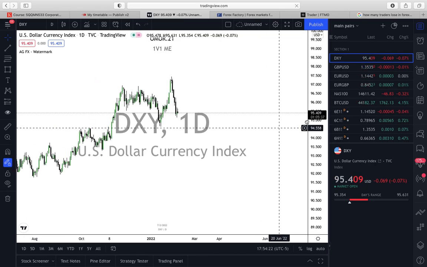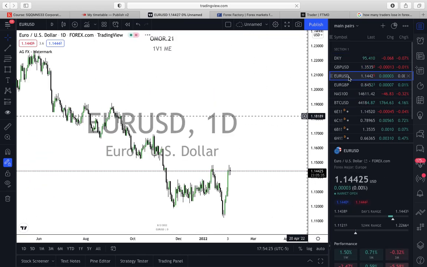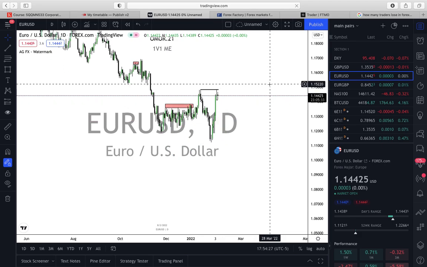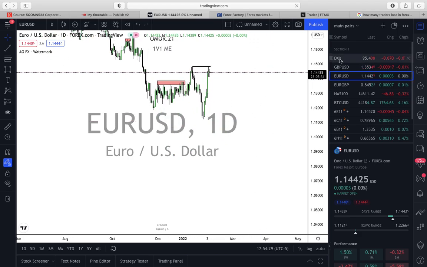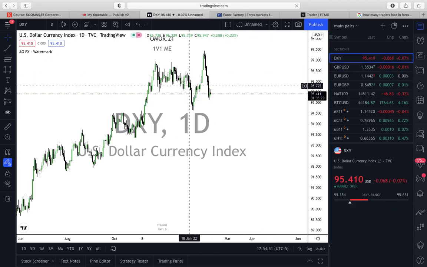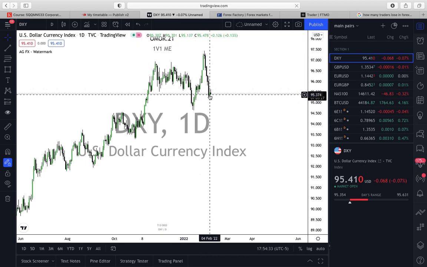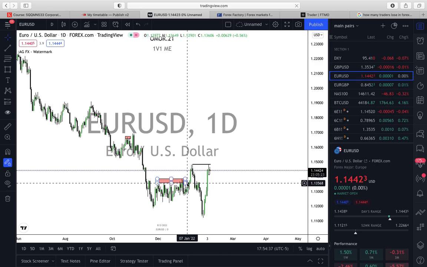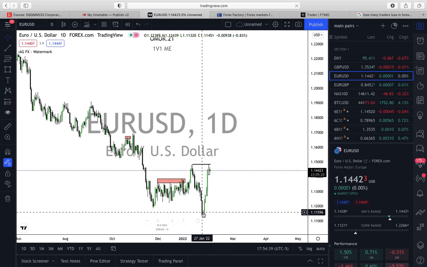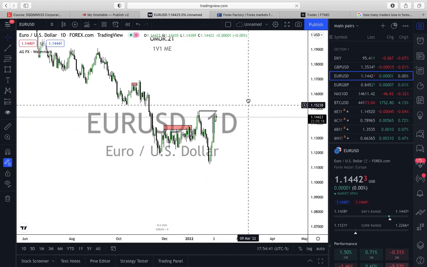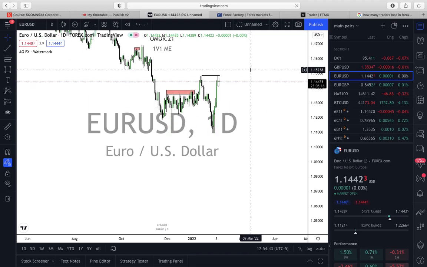Now, let's go and look at Euro USD. One more time, remember this: low, high, lower on the USD, then high, low, higher. They're inversely correlated.